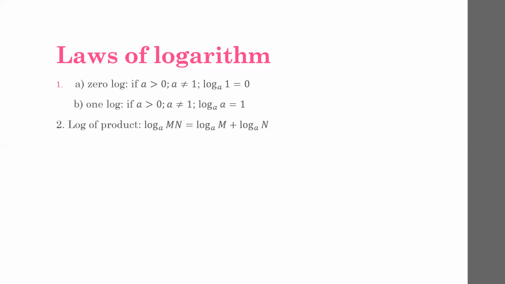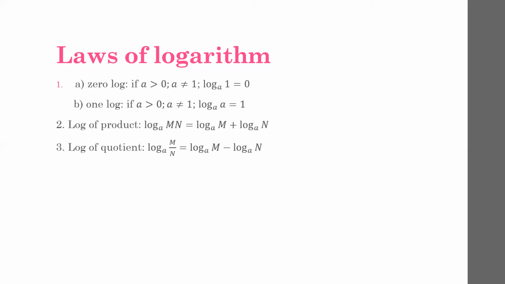The next law is the log of product. Log a based mn equals log a based m plus log a based n. The next one is the log of quotient, that is log a based m by n equals log a based m minus log a based n.